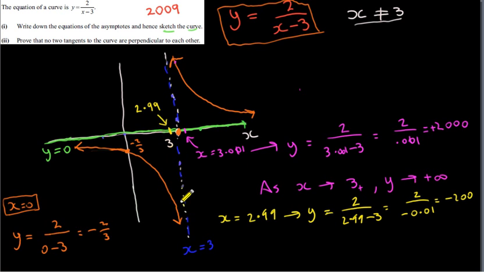So when x equals 2.99, we're getting a large negative value, minus 200. And you can imagine approaching 3 even more closely from the left. Say we had 2.999. Then y would equal 2 divided by 2.999 minus 3, or minus 0.001. So we get an answer of minus 2000. So what this means is that as x approaches 3 from the left, actually the minus sign will be written here.